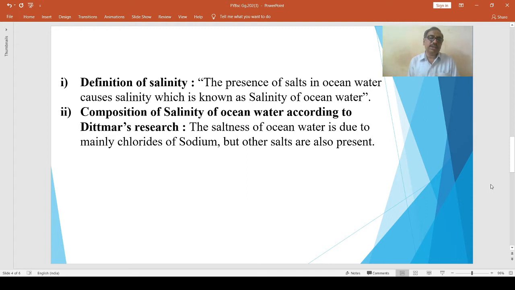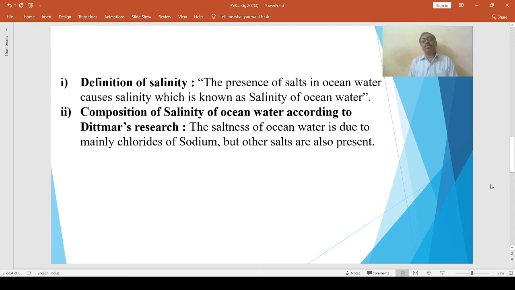The salinity is said to be 35 per thousand. The average salinity of the ocean is 35 grams per 1,000 grams of ocean water, and it is expressed as 35 per thousand.